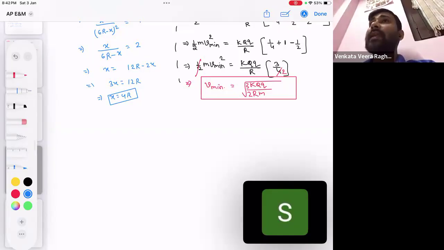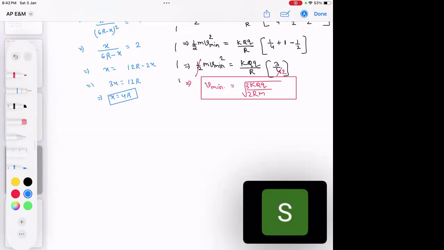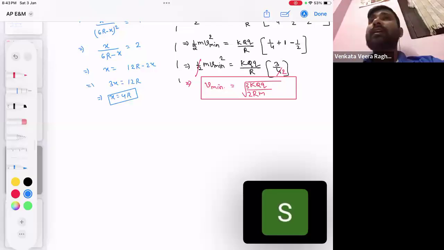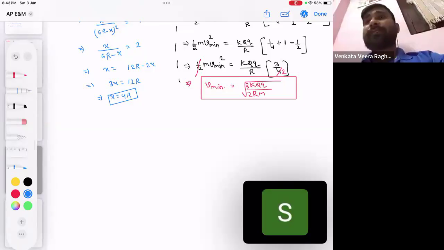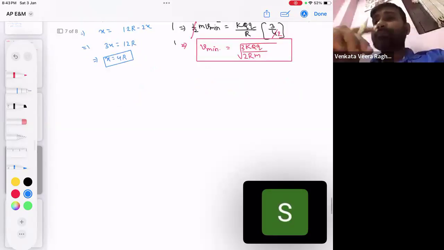Yes, but will they always have equal charge? No. But what is always going to be the same? They will reach equipotential.